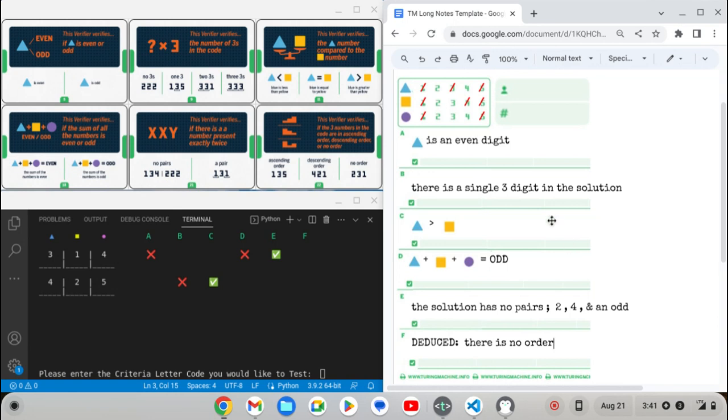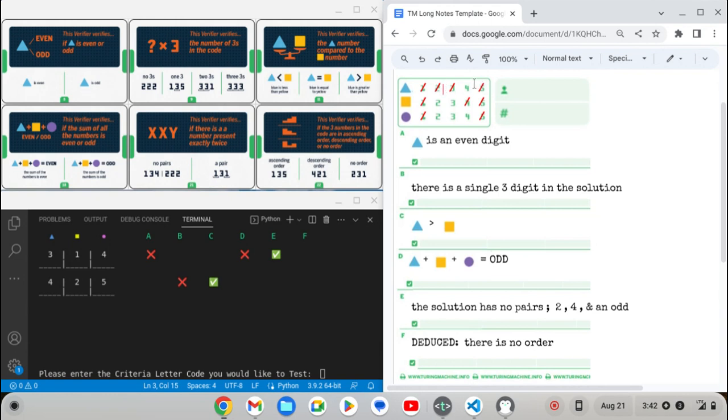Okay, so let's take a look. So again, we do know that triangle has to be greater. So that means, actually, very interesting, triangle can't be 2, because there is nothing smaller than 2. So that forces triangle to be 4.